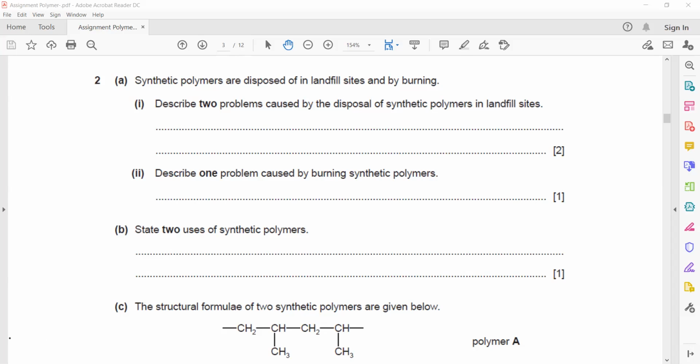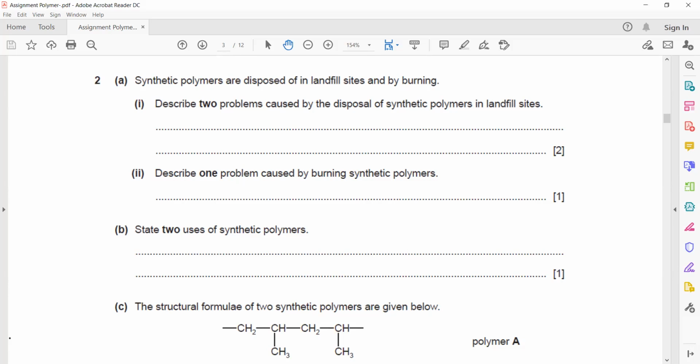The landfill site will fill up in time, and it will also produce visual pollution, or litter, too much garbage, and it can be a danger to wildlife as well, because animals may be affected by eating this polymer, and toxic chemicals can leach into the soil and that can affect the soil as well.